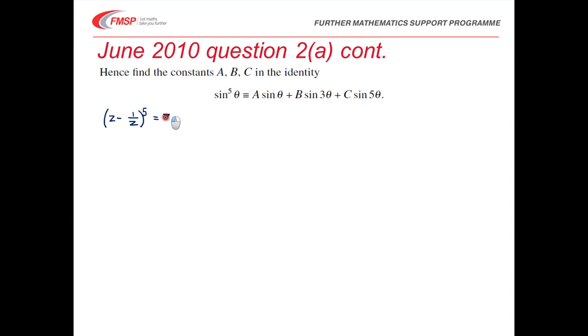Multiply that out using the binomial: z to the 5 minus 5 z to the 4 times 1 over z plus 10 z cubed times 1 over z squared minus 10 z squared times 1 over z cubed plus 5z times 1 over z to the 4 minus 1 over z to the 5.